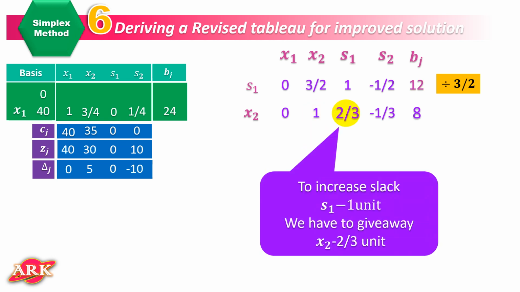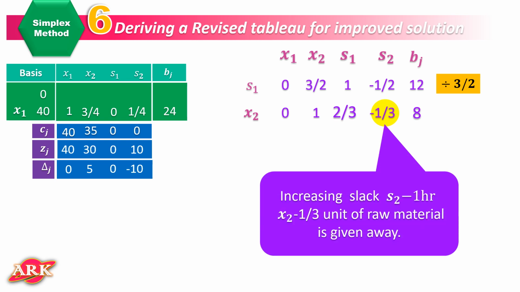2 by 3 represents that to increase slack S1 by 1 unit, we have to give away 2 by 3 unit of X2, that means 2 by 3 kg. Minus 1 by 3 represents increasing slack S2 by 1 hour, giving away 1/3 unit of X2, the raw material required for production of one X2 product, that is 1 kg raw material.